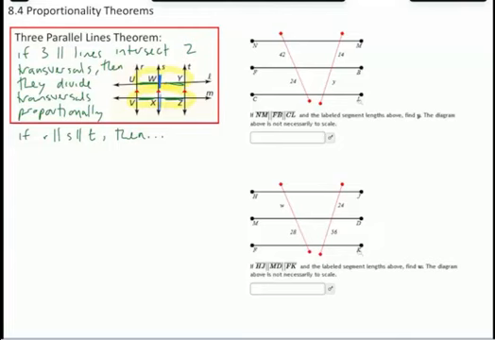So once again, I'm going to use the parallel line as a fraction bar, kind of put an equal between. And what I see here is that UW over WY is equal to, since I started with W, I have to use this portion here, VX over XZ. And so those are equal ratios as well.